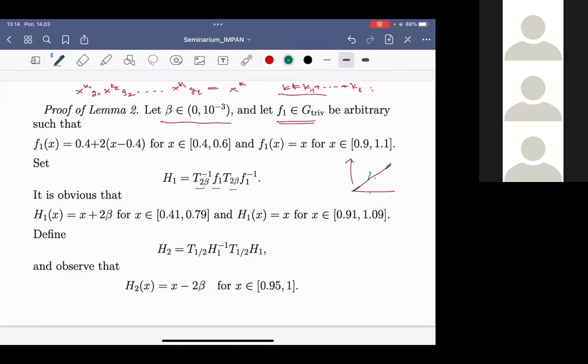Why is it so? What's going on here? So we take x from 0.41 to 0.79. f1 inverse of x is 1/2 times (x minus 0.4) plus 0.4.